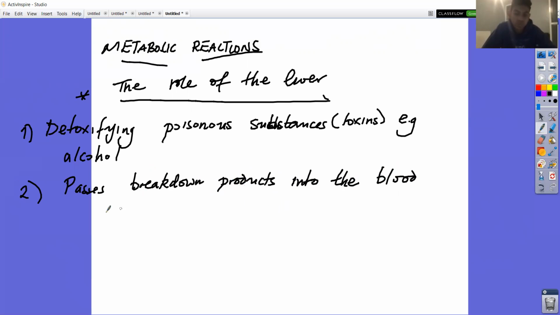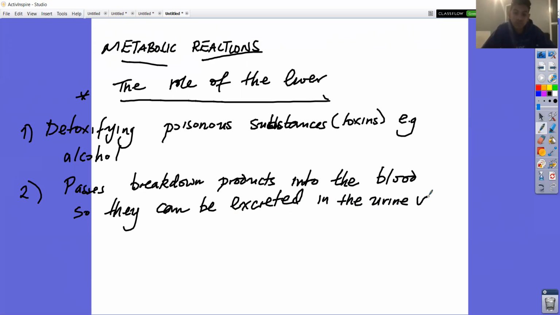Okay? So they can be excreted. Remember that E in Mrs. Gren? Excretion, remember that? So the liver has a role to play. Excreted in the urine via the kidneys.